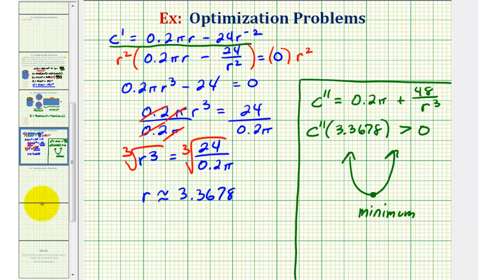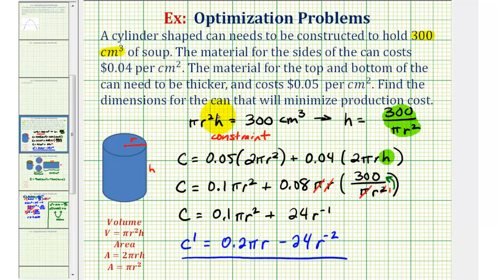Going back to the problem just for a moment, we're trying to find the dimensions that will minimize the cost, so we just found the radius that will minimize the cost, but we still have to find the height of the cylinder that would minimize the cost, and we can do that using this equation here, since we know h must equal 300 divided by pi r squared. So let's finish by doing that.